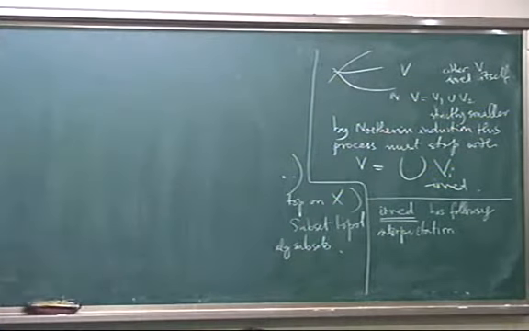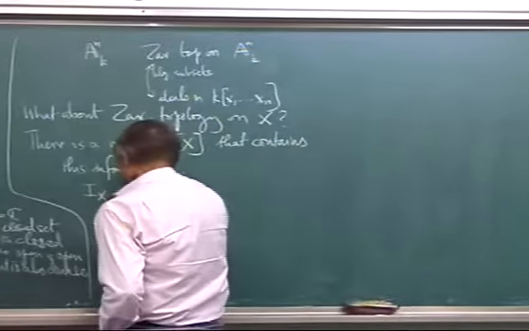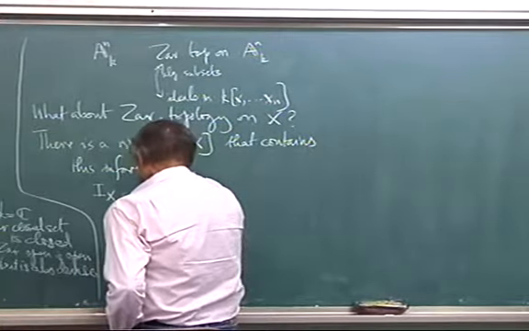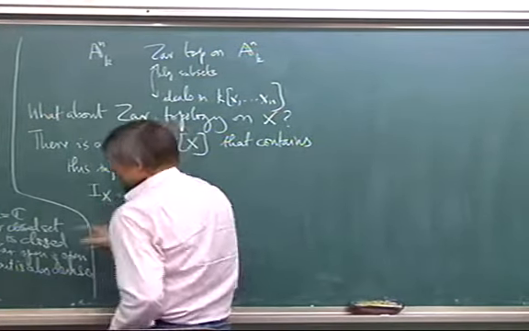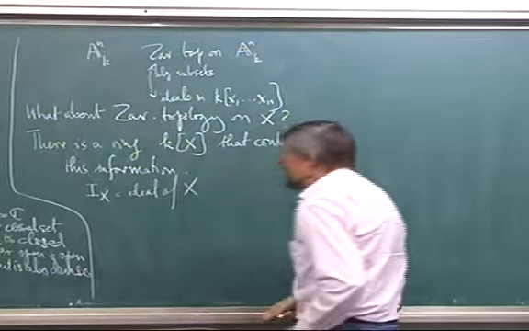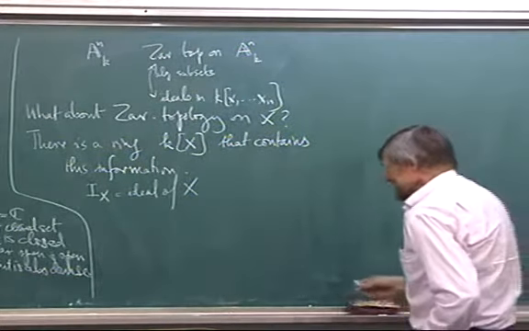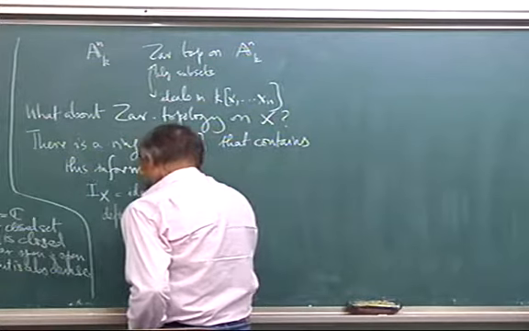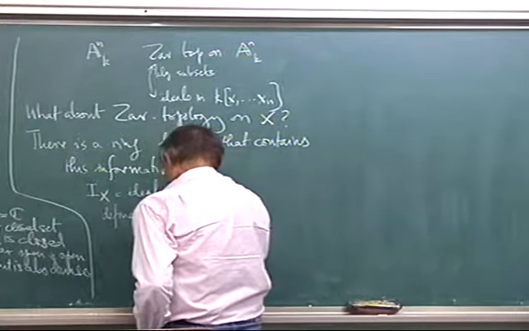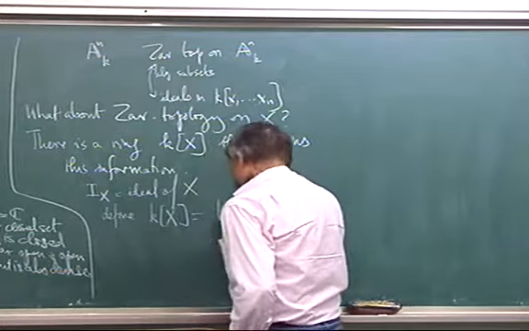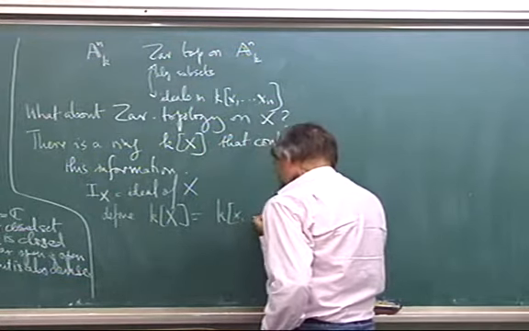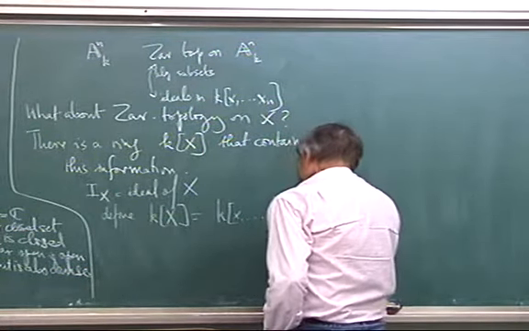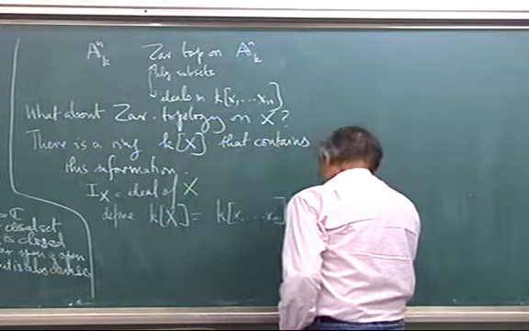So I(X) is the ideal of X. I mean, it's the whole ideal, the radical ideal. And then define K[X] to be K[x1, ..., xn] divided by I(X).